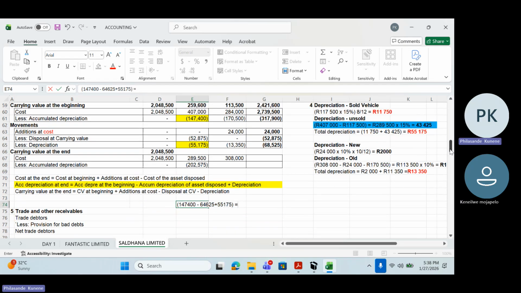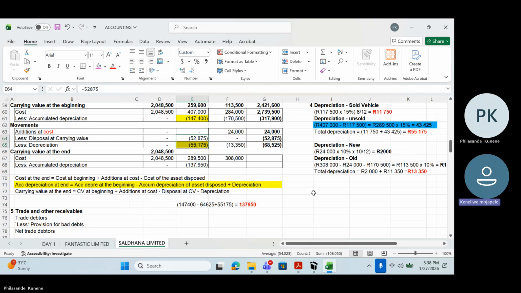How much are we getting? 137,950. That is going to be our accumulated depreciation at the end. You see that we need to be careful here. We must consider the asset disposed as well.